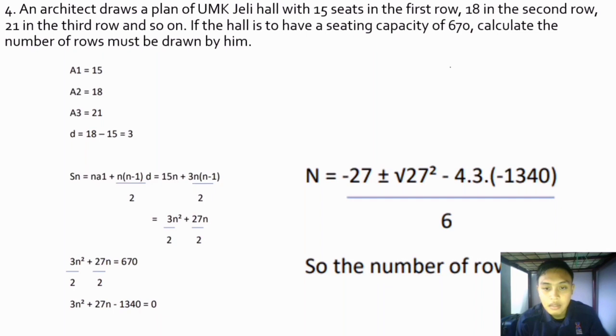So we got n equals negative 27 plus minus square root of 27 to the power of 2, negative 4 times 3 times negative 1340, divided by 6. So the number of rows that must be fulfilled in the hall is 18 rows.